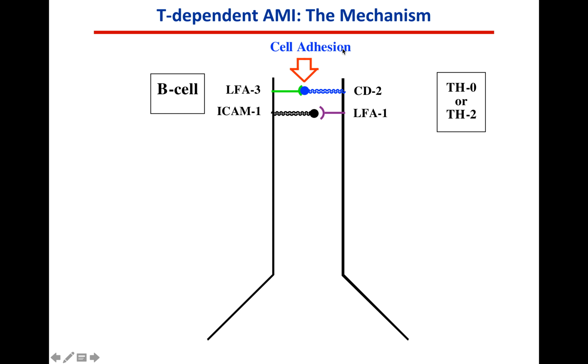These are referred to as cell adhesion molecules. A B cell will produce LFA2/3 that interacts with CD2 on a T cell. ICAM1 is produced on B cells, and LFA1 is produced on T cells. These form specific interactions. They're like molecular Velcro on the cells to stabilize that interaction.